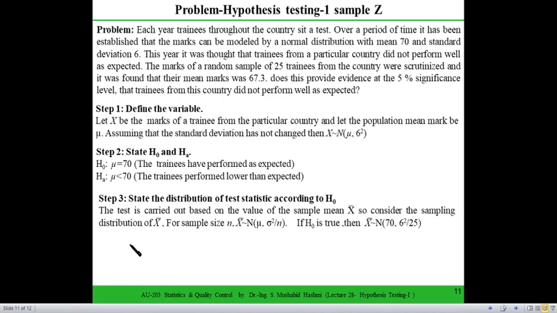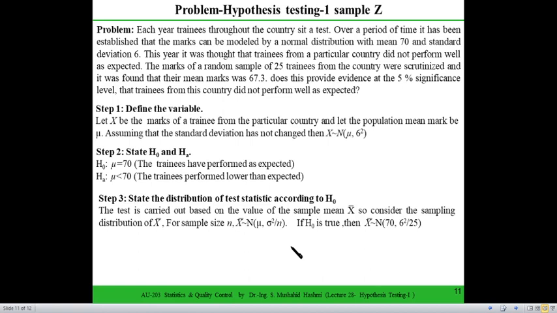Considering the distribution of the sample mean, for a sample size of 20, we can say that it's normally distributed with mean mu and variance sigma square over n, which we know from our sampling theory is the sampling distribution of the sample mean. So if your null hypothesis is true, then your mean would be 70. If it is not true, then it would be less than 70. So that is step number 3.